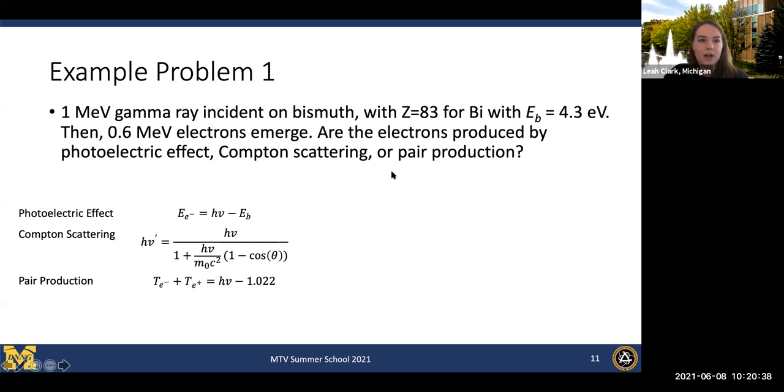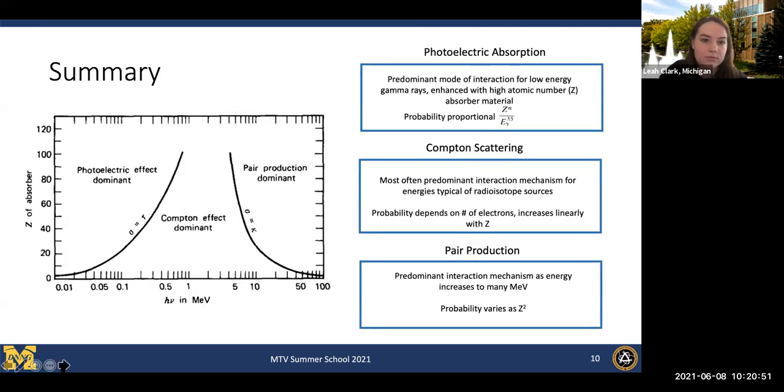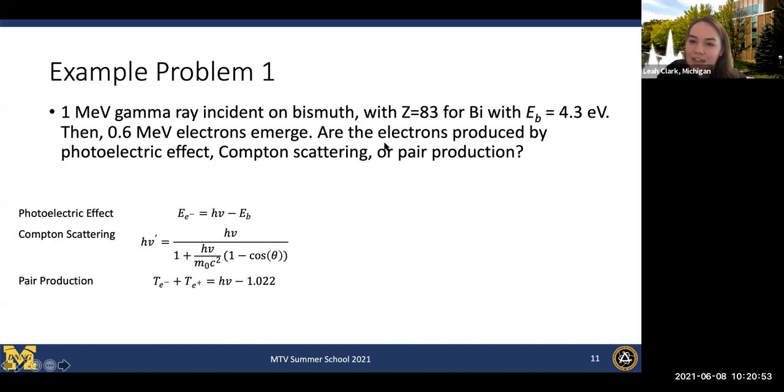While we're going through this problem, I see that there are some questions in the chat about pair production, so let me read those quickly. In pair production, is it possible to create any other particle-antiparticle pair if the incident gamma energy is much greater? I'm going to preface and say, I don't know.